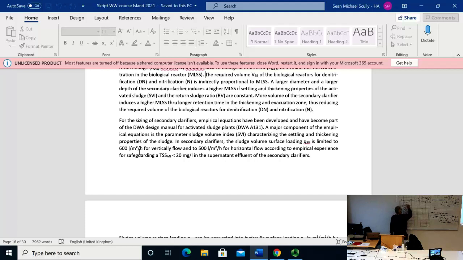We allow here 500 liters of sludge per square meter per hour. So out of those two, just dividing, we have 91, it's a little bit less, about 90.8.